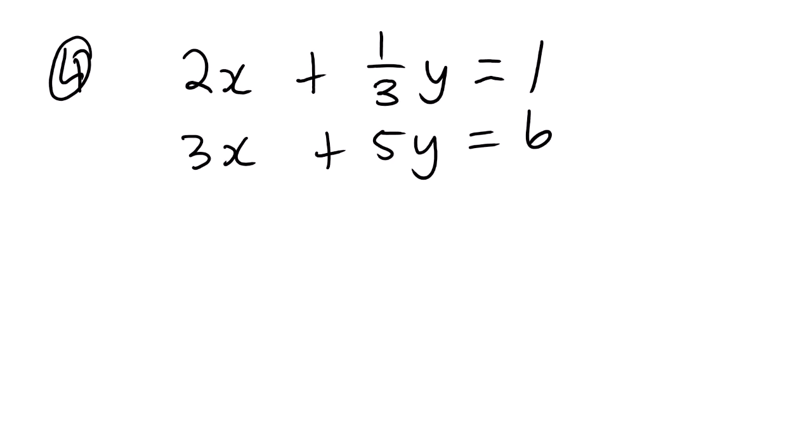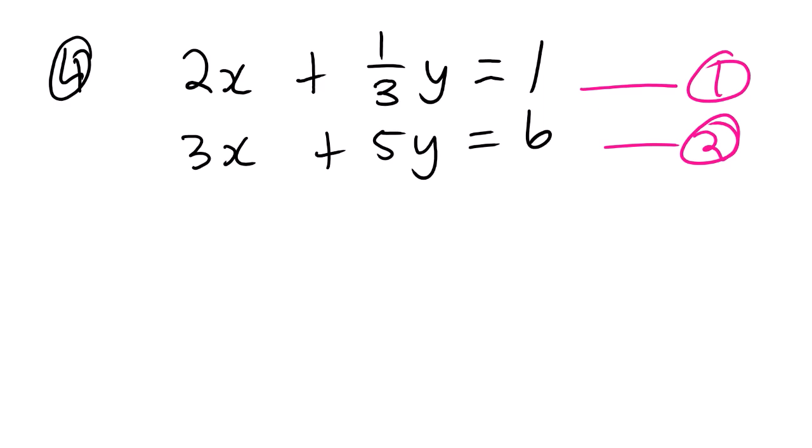Our next example, you can pause the video, work out this question and play the video. This is equation 1, equation 2. Now in this case, it's a bit difficult. We need to choose and try to make one of the variables the subject of the formula.